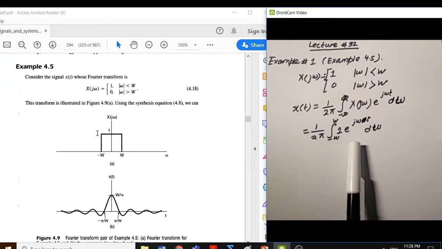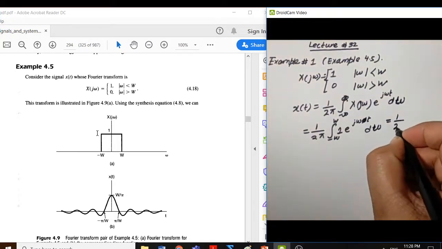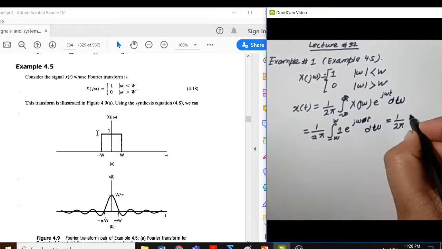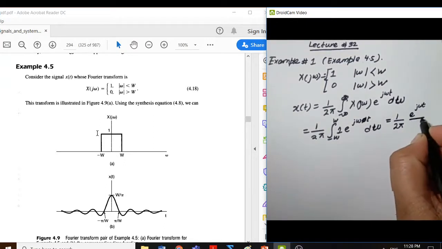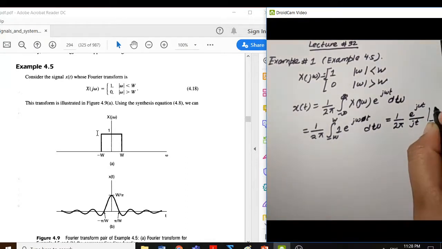Now when we integrate this function with respect to omega, since we are integrating the exponential, it remains as such, and it's being divided by the argument of the exponential, which is 1 by jt. We have to keep in mind that we are integrating this function with respect to omega, and the limits of integration are minus W to plus W. This is W, capital W, the width.